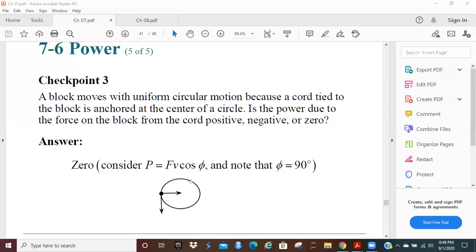And then you've got your velocity, which is pointed out this way. So what's the angle between those two? 90? That's right. And because that is 90 degrees, what's the cosine of 90 degrees? 0. So if you were to multiply all that together, this term is 0, which means the rest of this disappears, which means that the power due to the force on that block is always going to be 0.